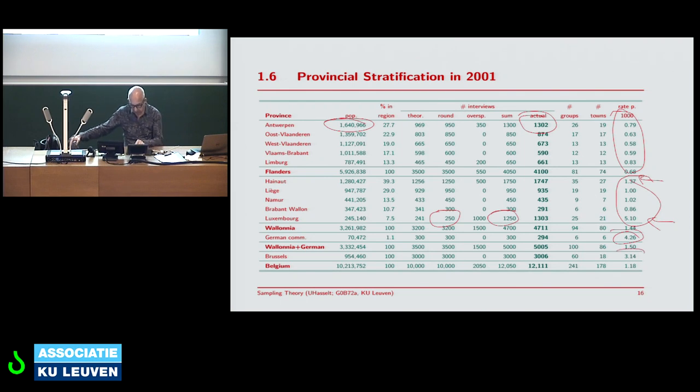And in Brussels, it's a factor 3. Think of that. Brussels should have a sample size of 1,000. It has a sample size of 3,000. So the rate per 1,000 is 3 times what it would be. 3 times what it would be, you divide by that, you get 1/3, and that is the Brussels regional weight.